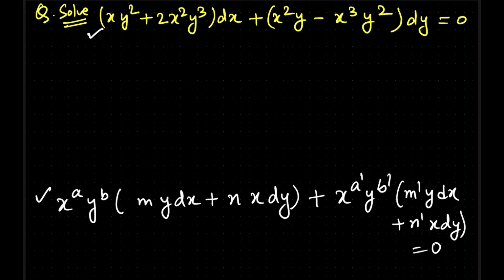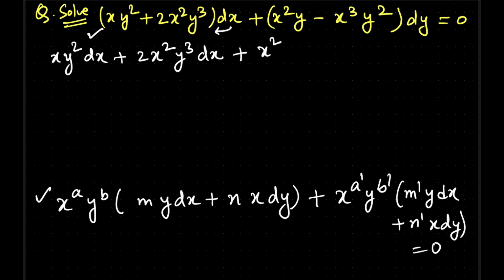Let's first bring this into this form. Let's first split this: x y square dx plus 2x square y cube dx. We have multiplied dx with both the terms. Then x square y dy minus x cube y square dy is equal to 0.